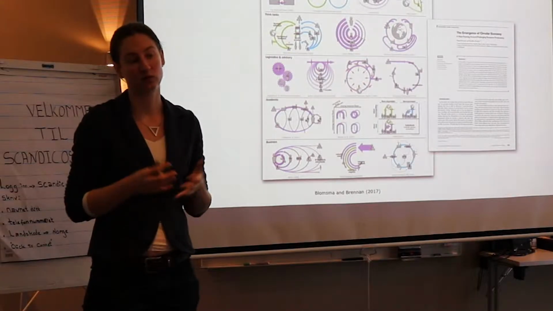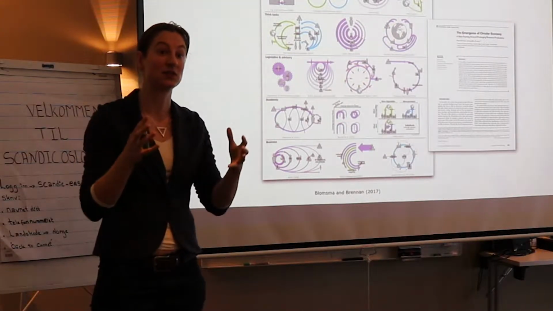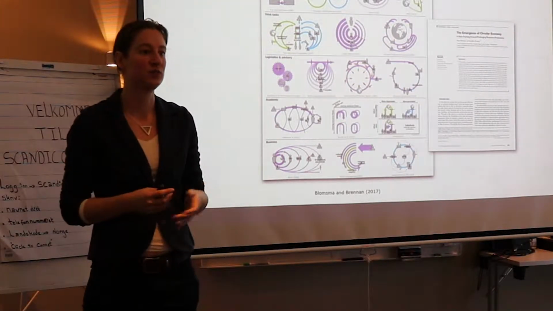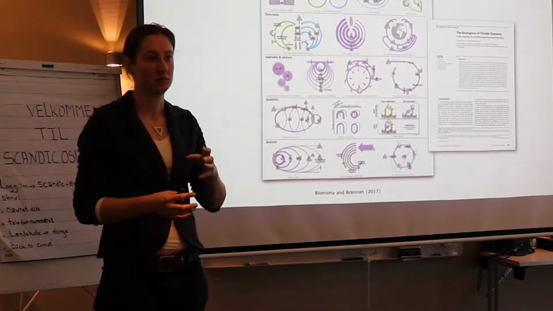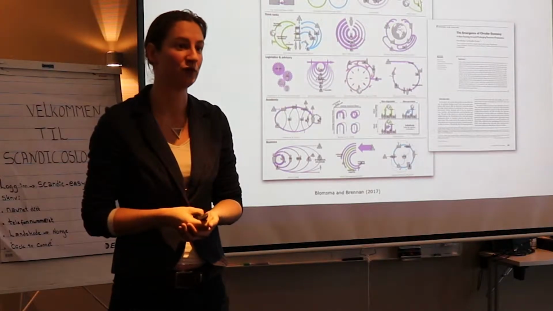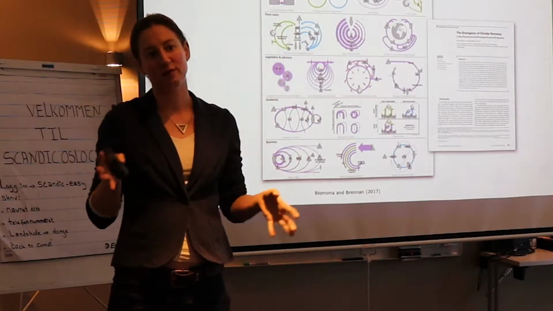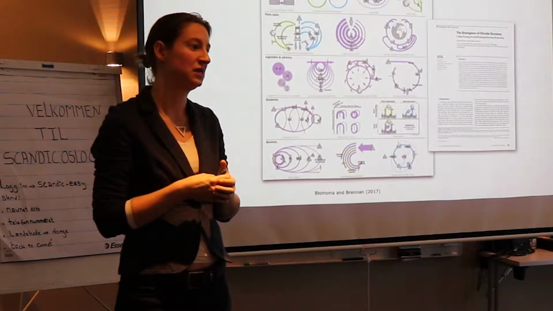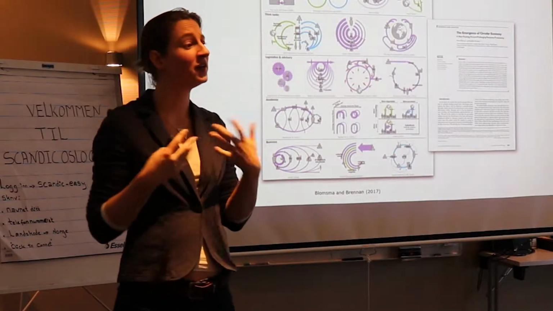Some of these frameworks focus on the sector level, so what kind of materials a sector uses and what kind of strategies are particularly suitable for those. And then there are the frameworks that focus more on the company level and the product level, so they are more descriptive.